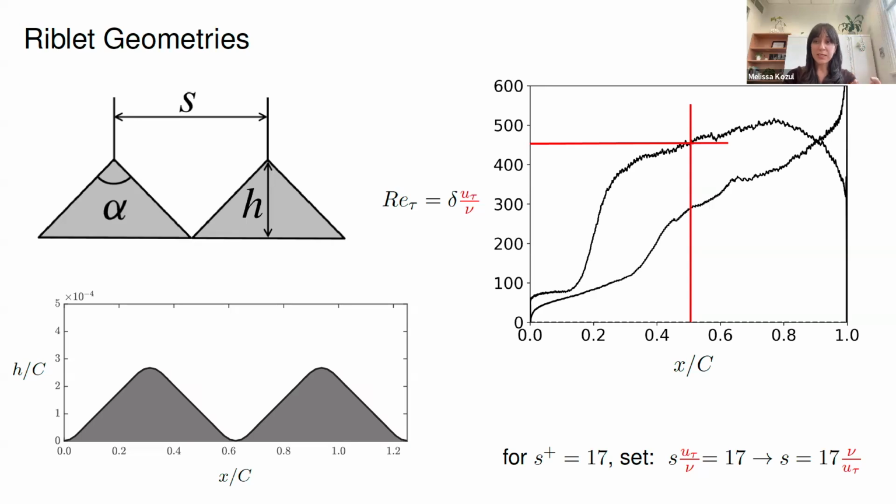I want to say what this spacing is in physical units. If my physical compressor blade is around 10 centimeters long, this riblet spacing is about 50 microns. This spacing between these two peaks. So it's very tiny, and it's going to be very expensive to represent this on a computer.